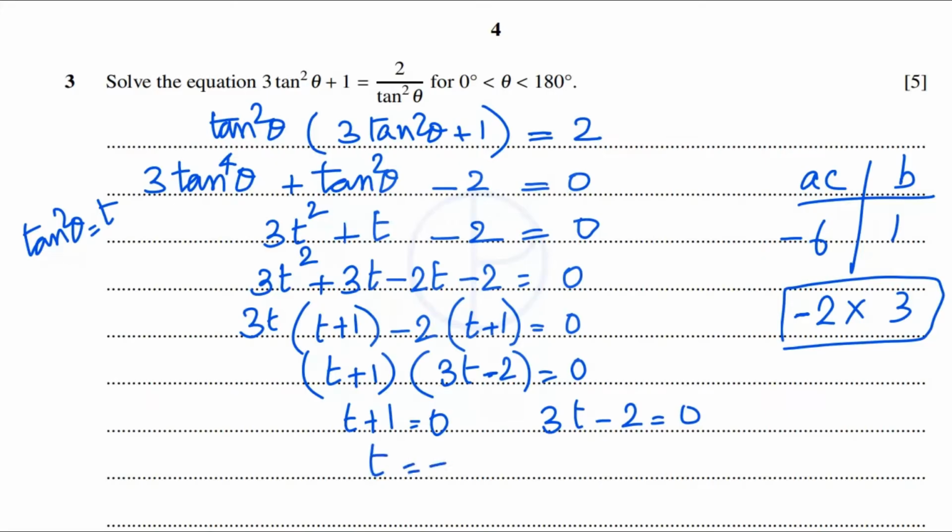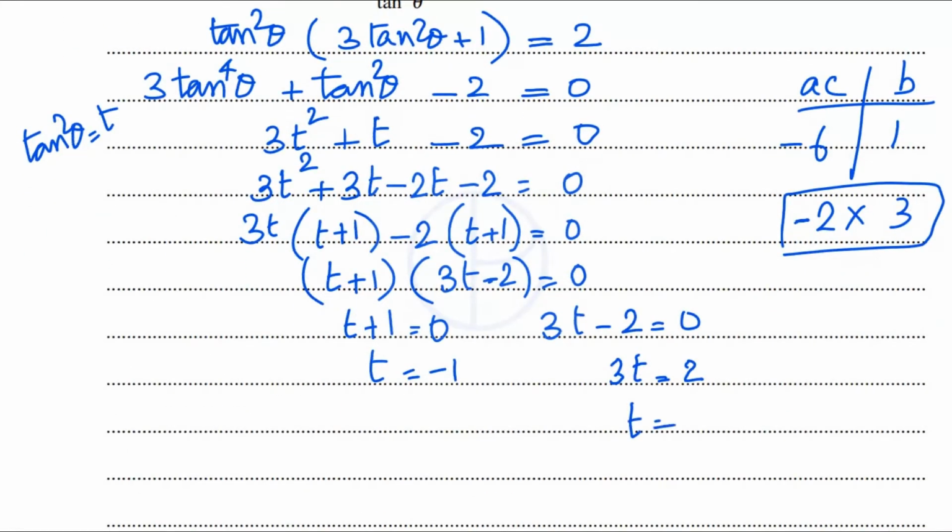So t is equal to negative 1, and here 3t equal to 2, so t is equal to 2 over 3. So let's substitute. t is tan square theta, which is equal to negative 1, and here tan square theta equal to 2 over 3.